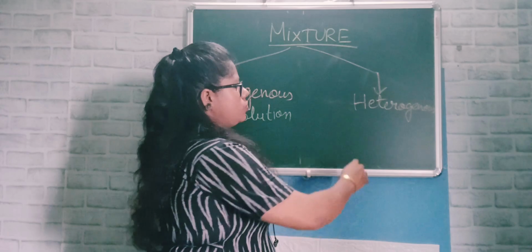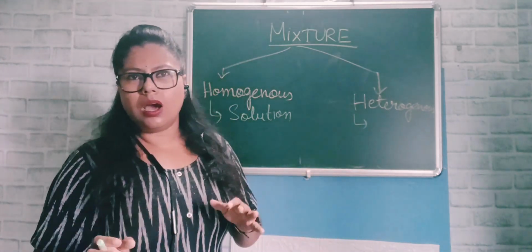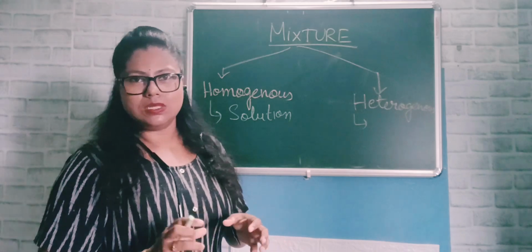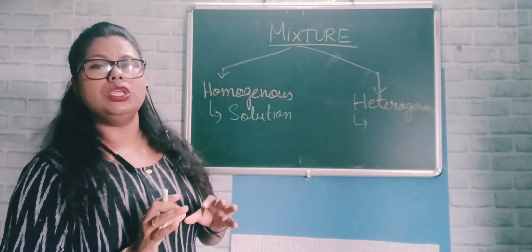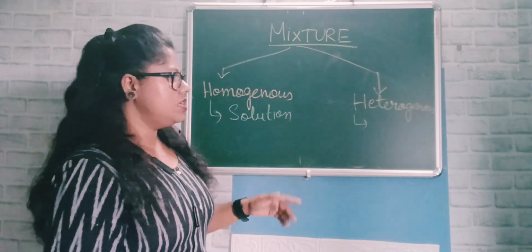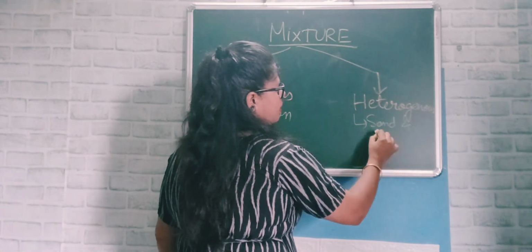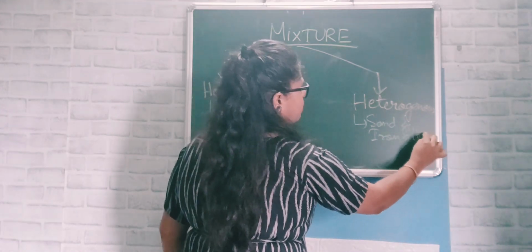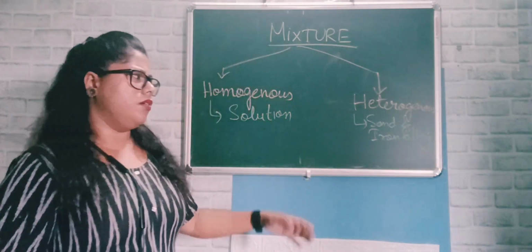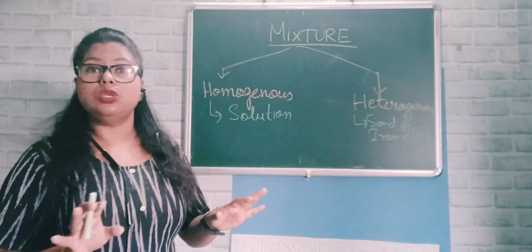Whereas a heterogeneous mixture is something where the substances which are being mixed are not uniform in nature. Like just now we used sand and iron filings. No matter how much you mix it, it will not be mixed uniformly.